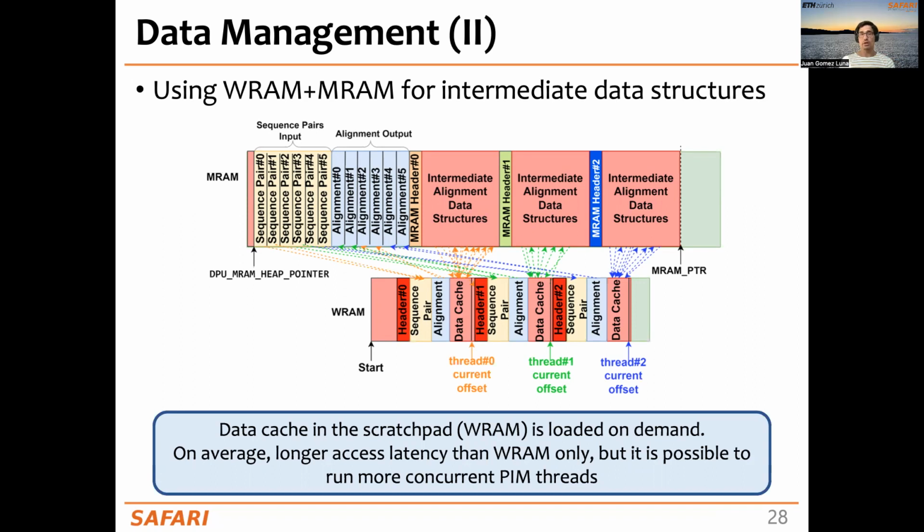Even though on average we will have longer access latency than in the WRAM-only solution that we presented in the previous slide, because we have to access MRAM from time to time, the upside is that it will be possible to run more concurrent PIM threads, so we will be able to keep the pipeline busy, or at least busier than in the other case, and hopefully obtain better performance.